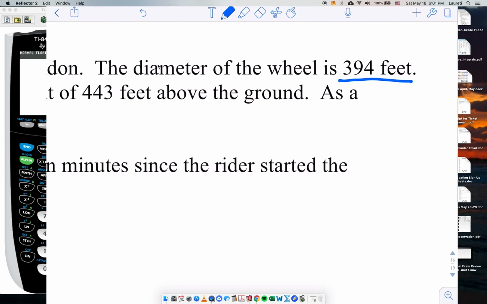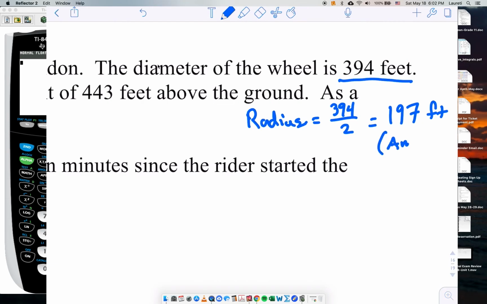All right, so that tells me that the radius of the wheel is going to be 197 feet, right? So that's going to be your amplitude, right? So the center of the wheel is 197 feet up and 197 feet down. So that is your amplitude.